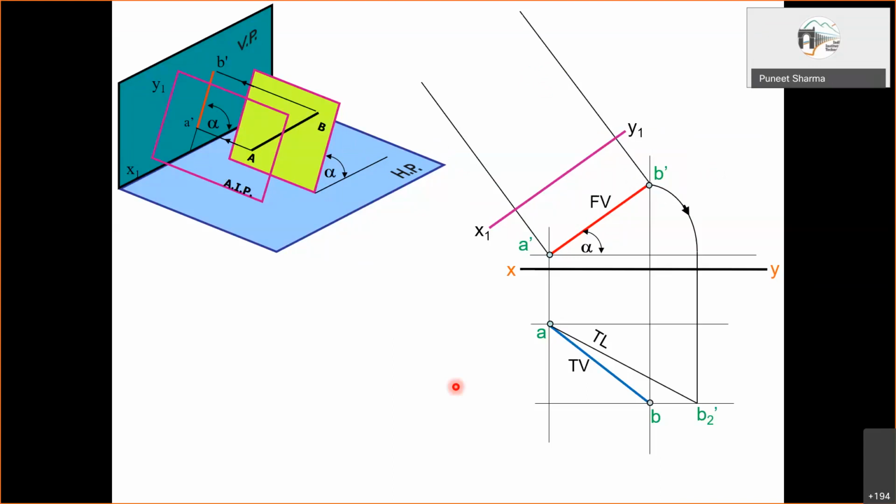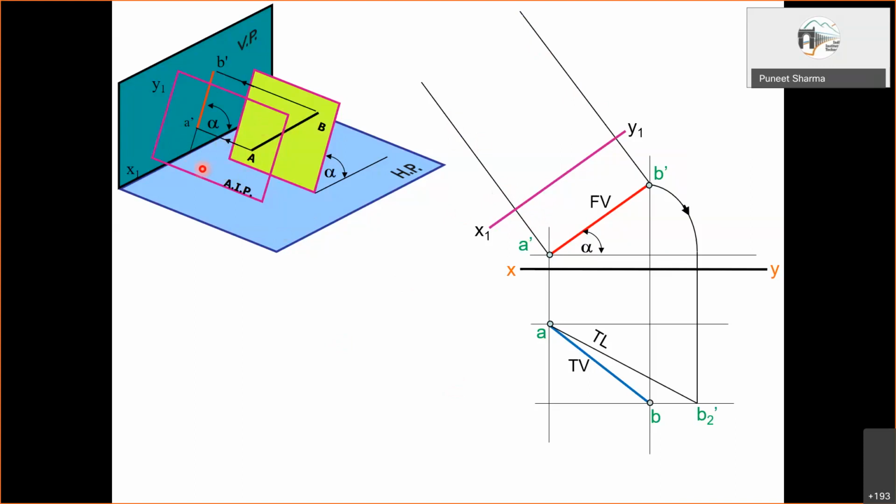Now the question is how much distance away from here we locate small a1 and small b1. As we had discussed, the distance of A from the horizontal plane will be visible in the top view on the horizontal plane as well as in the top view on the auxiliary inclined plane.